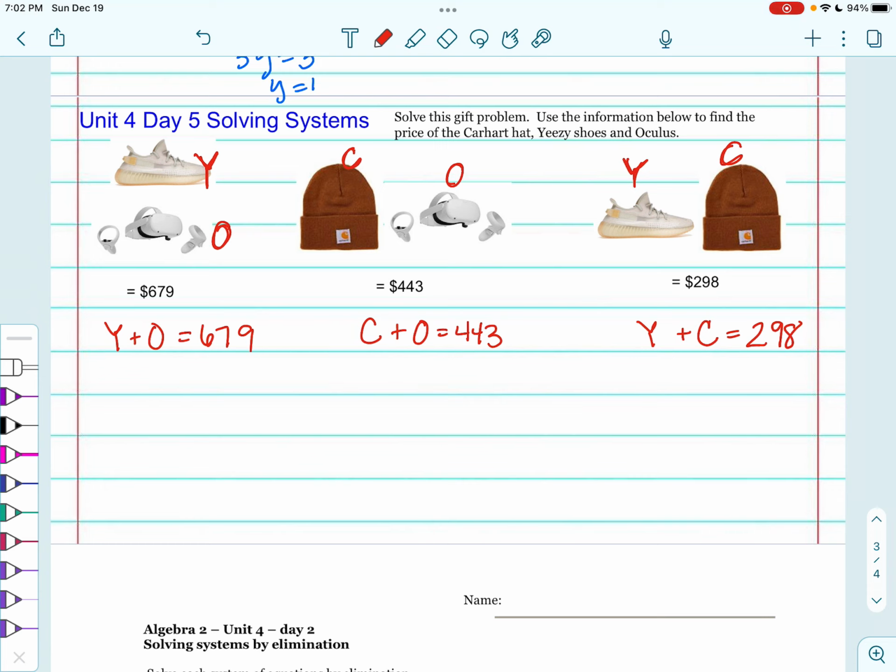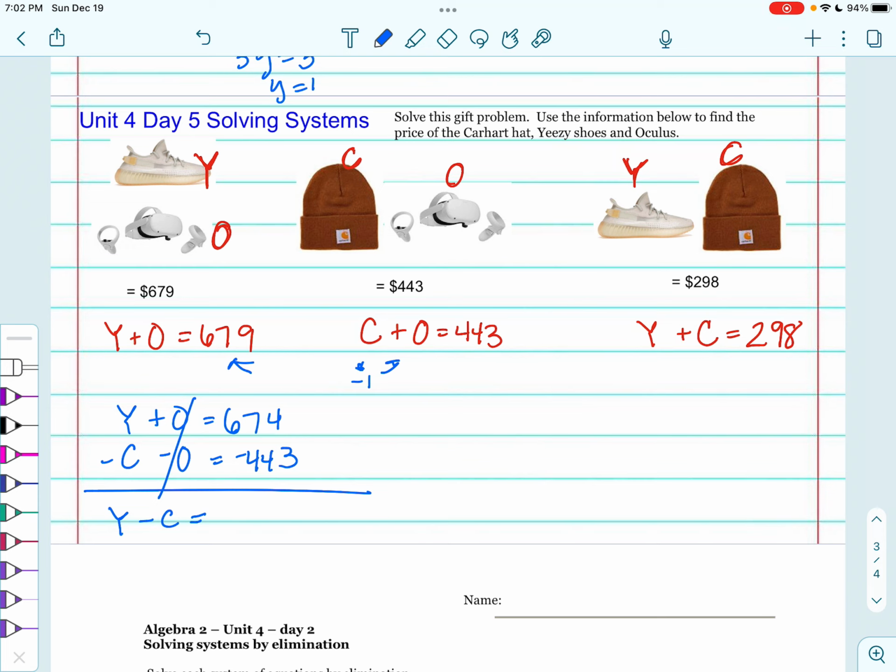All right, so again, there's lots of different ways to go about these. We could do add and subtract. So I'm going to take the first two here, and I'm going to multiply this one times -1 so I can subtract o's. All right, so my o's eliminate, and I have y minus c equals, let's see, 231.